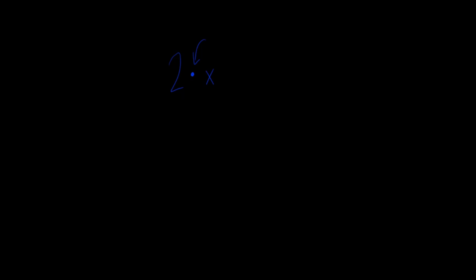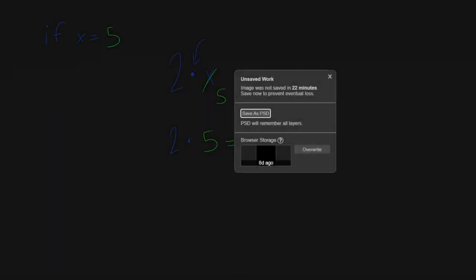So any value of x will become 2 times. So if we have 5, we would replace x with 5. Let's say if x equaled 5. If x was 5, then it would be 2 times 5, which is equal to 10.